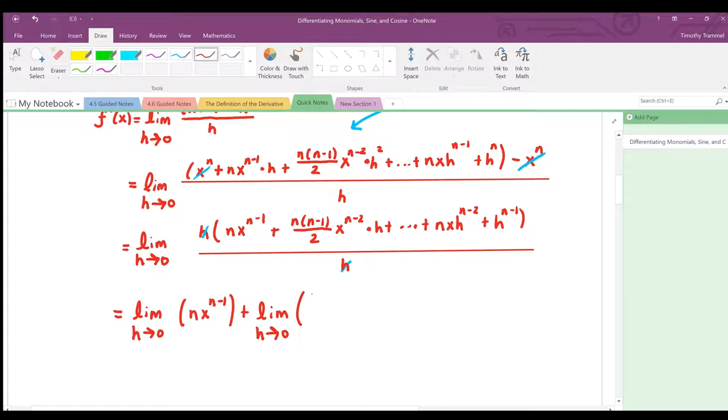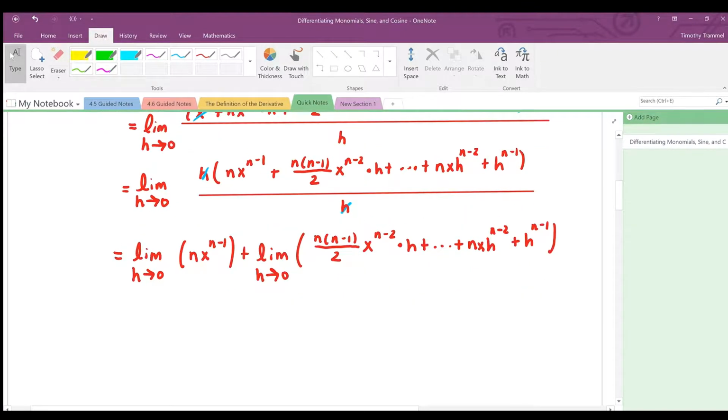The rest of our terms look like n minus 1, all over 2, x to the n minus 2, again times h. And these middle terms that I'm leaving out are going to have an h squared, an h cubed, and so on until we get all the way to the end here, which is n x h to the n minus 2 plus h to the n minus 1.